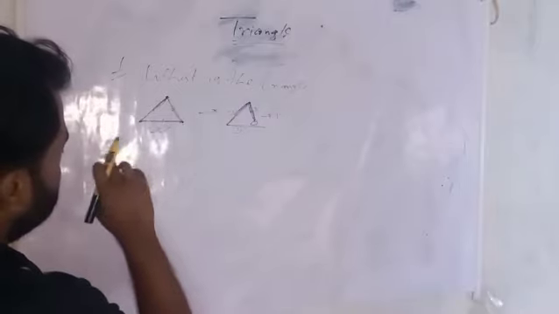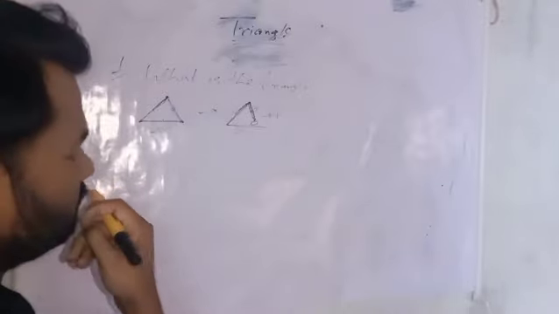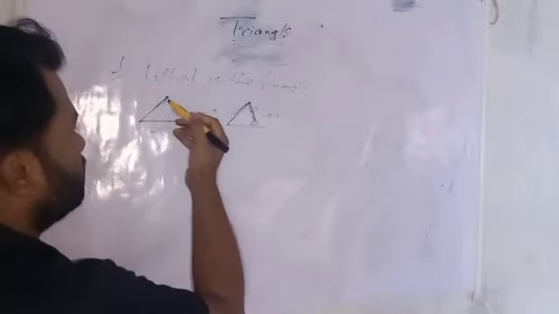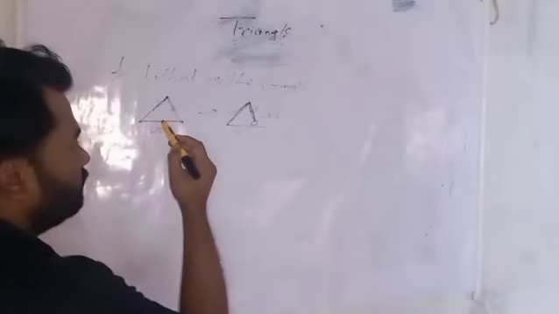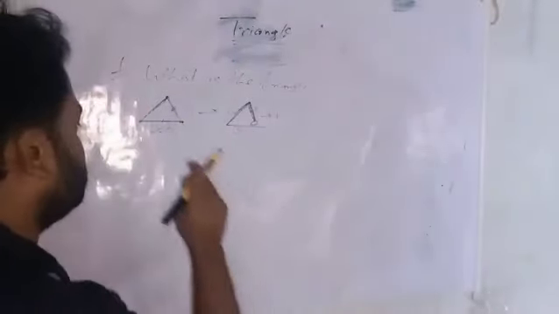There is an example of this. We can define it, but the most important thing is that you understand from this figure what a triangle is: an enclosed surface which does not necessarily have all sides equal.